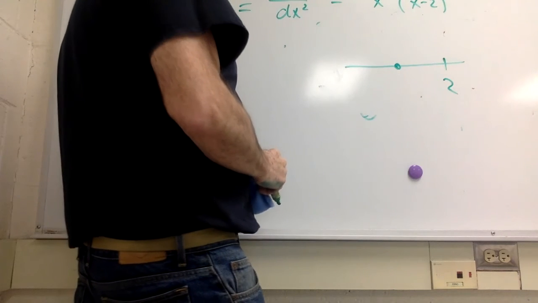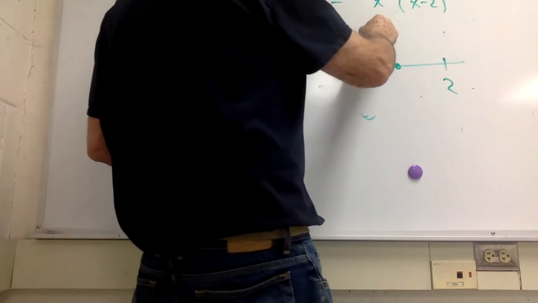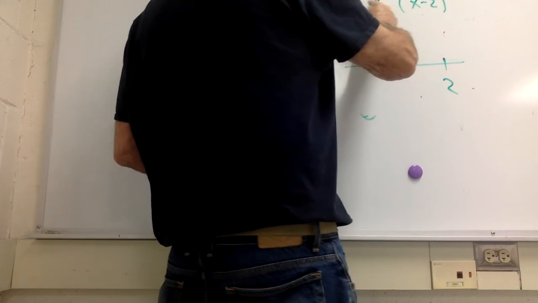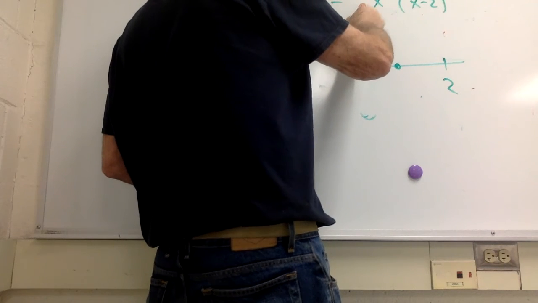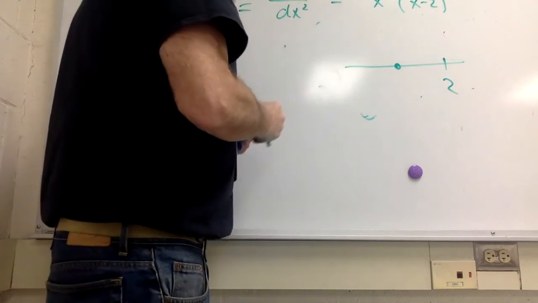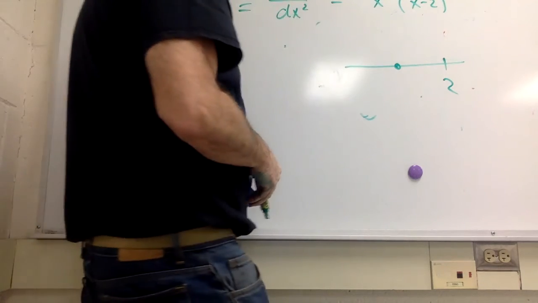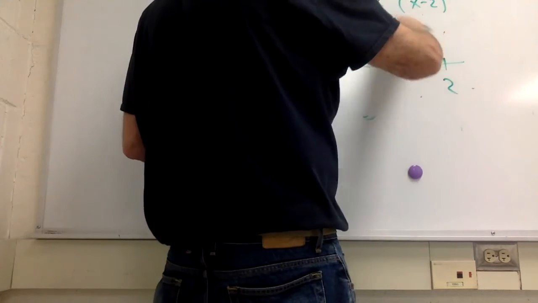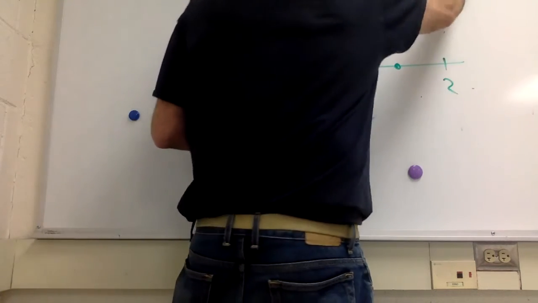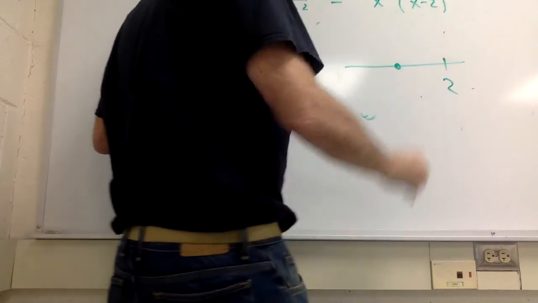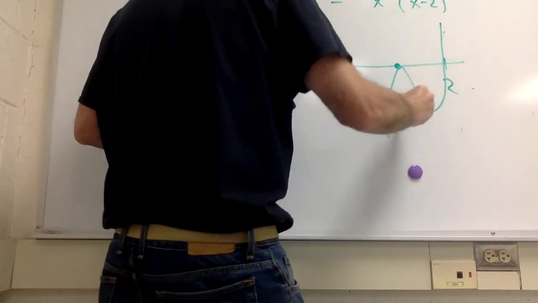It doesn't matter if I pick a number bigger than 0, 10, or less than 0, -3. If I do it to the fourth power, I'm not getting anything other than a positive. If I put something bigger than 2 in, you can sense the bigger the number I put in for x, the bigger the product. Sign change, no sign change.